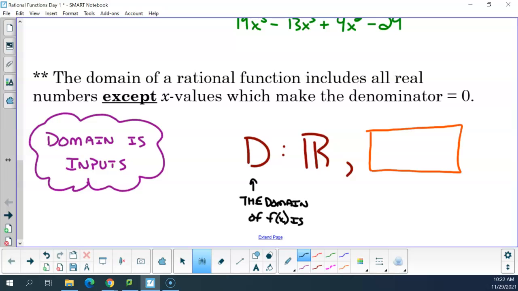Then the next part is saying all real numbers. That's that funky symbol for all real numbers. It's an R with a double vertical on it. Okay? And then in here is going to go your exceptions.